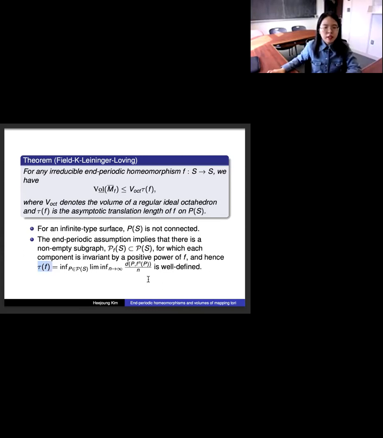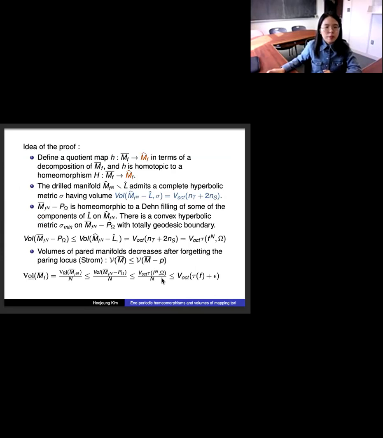So here is the idea of the proof. We define a quotient map H from MF bar, the compactification, to another manifold, say M hat, in terms of a decomposition of MF bar. And we show that this quotient map is indeed homotopic to a homeomorphism.